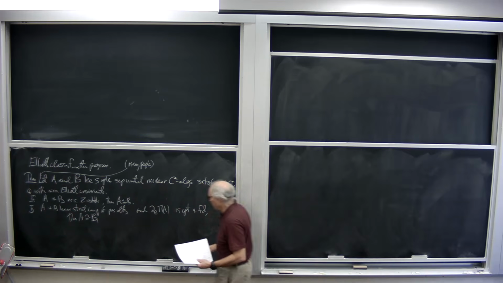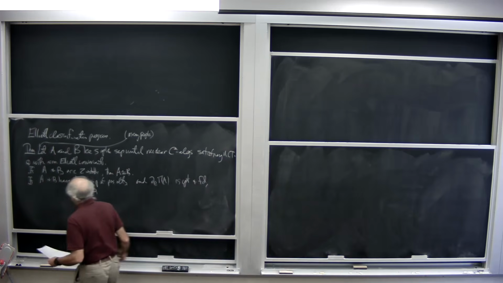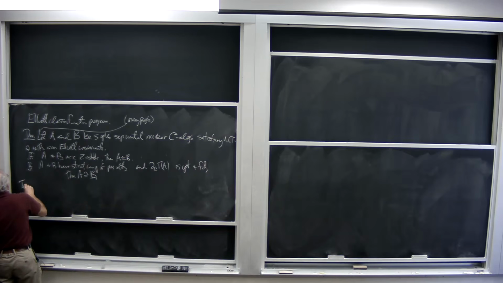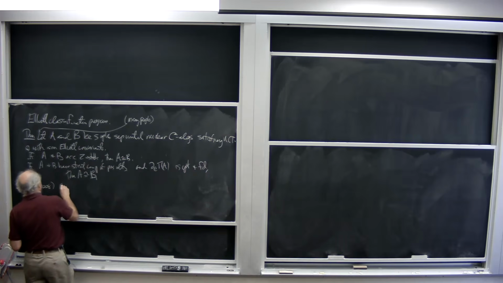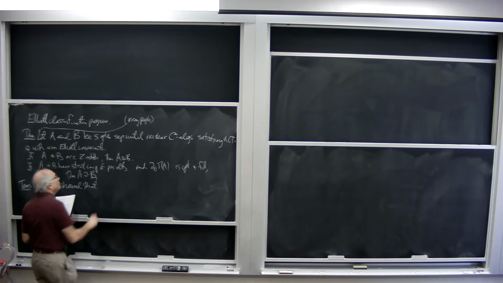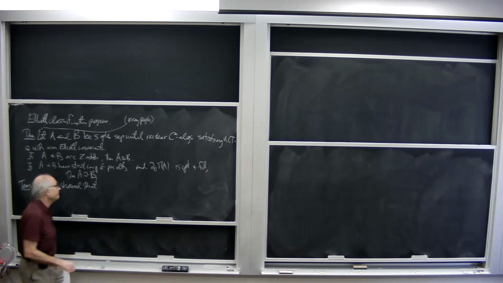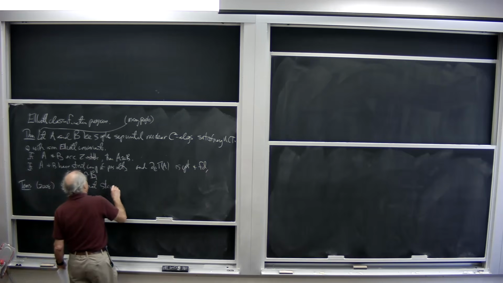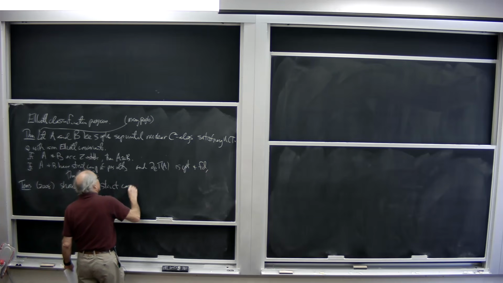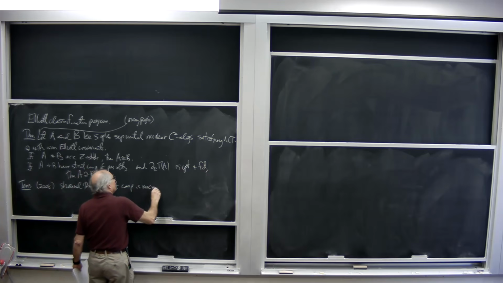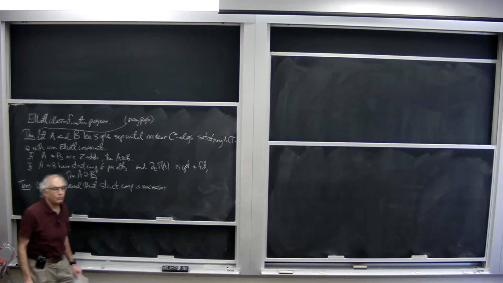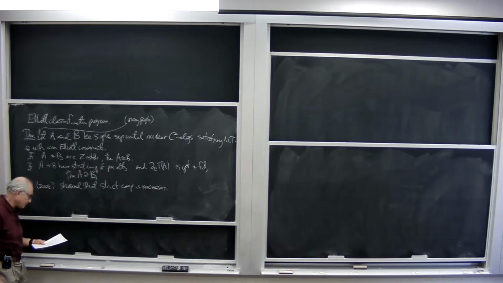And then Toms in 2008 showed that strict comparison is necessary even if you include things like stable rank and real rank and so on in the invariant.